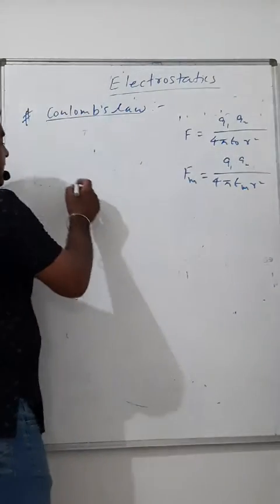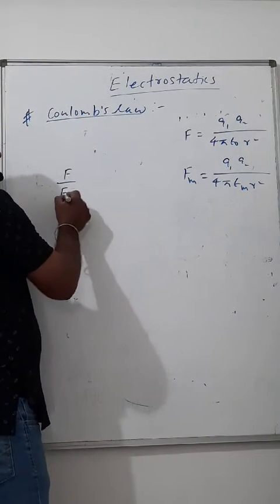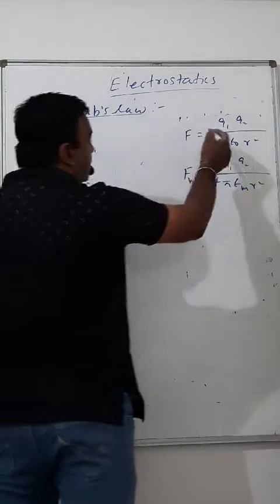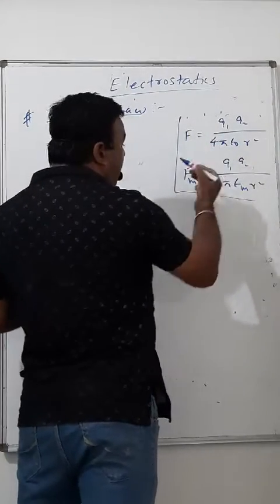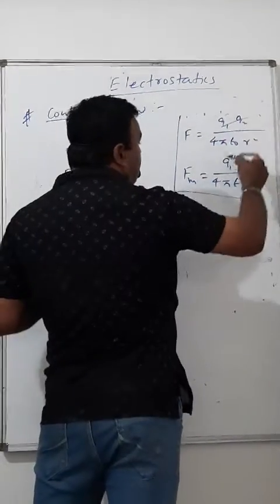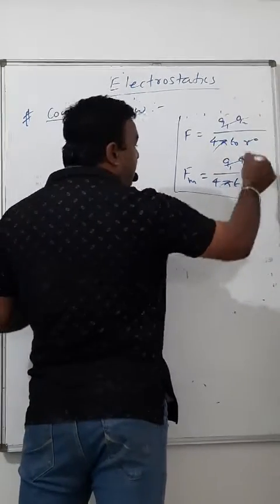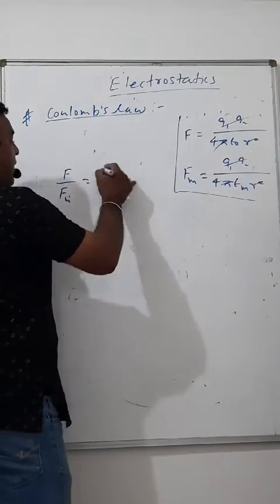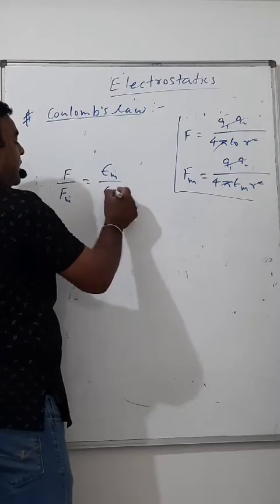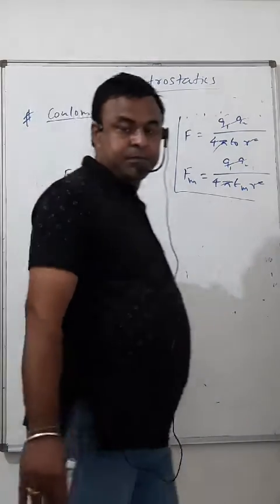Now if I divide F by Fm, you can see very clearly, these two will get cancelled out. 4 pi cancelled out, r square cancelled out, and I have epsilon m by epsilon naught.